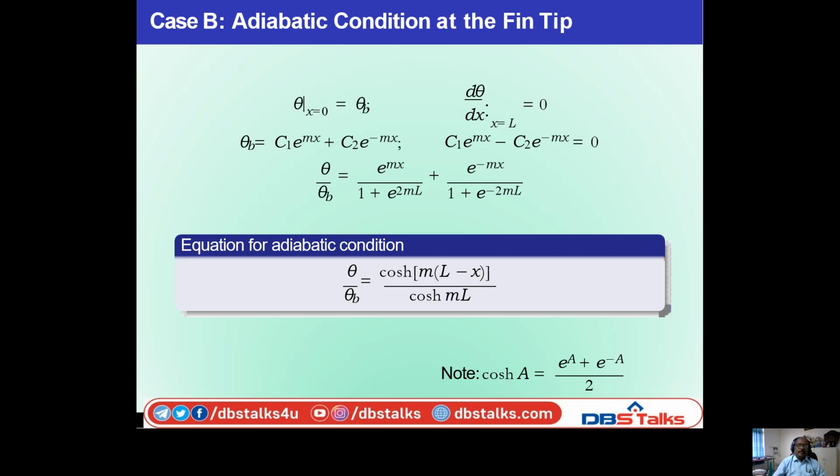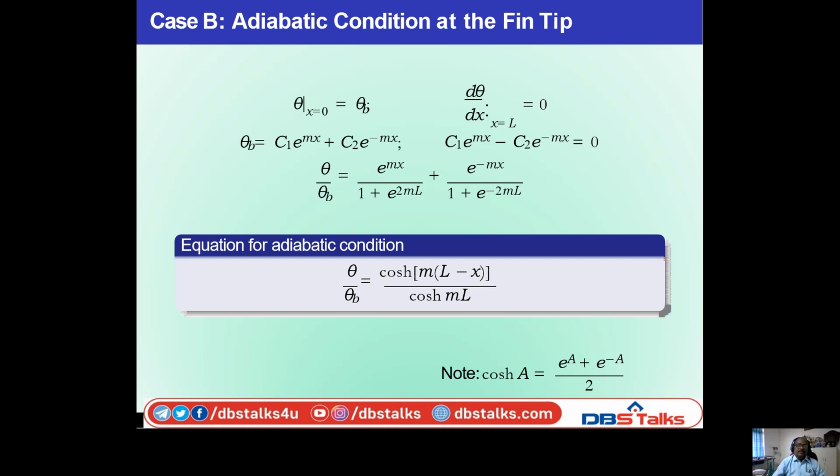If we substitute these two boundary conditions in the equation, we get theta by theta naught equal to e to the power of mx by 1 plus e to the power of 2mL, plus e to the power of minus mx by 1 plus e to the power of minus 2mL. This equation we can call the temperature distribution equation.